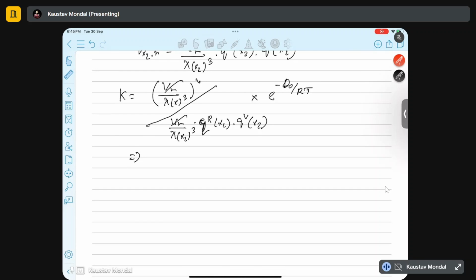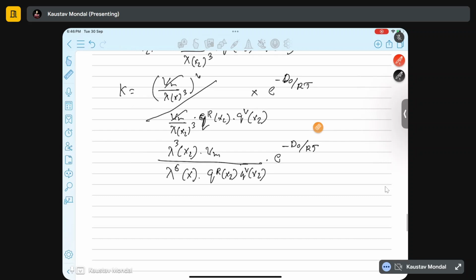After cutting the volume terms, we'll be getting, with Vm also there in the numerator, in the denominator lambda X2 cube, so lambda to the power 6 in X, into rotational X2 and vibrational X2. Both are there into e to the power minus D0 by RT. So this is the equilibrium constant K.